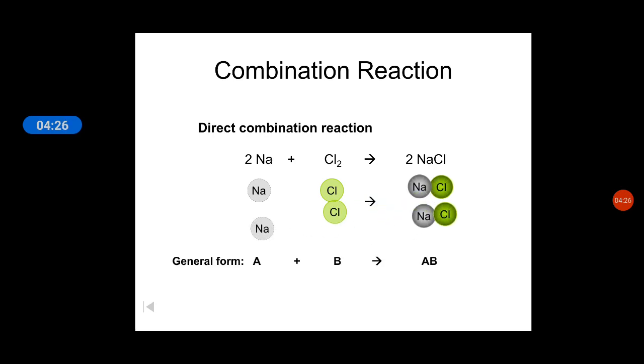The general formula of a combination reaction is A plus B gives rise to AB. A is an element or compound, B is also an element or compound, but here we get a compound as a product.